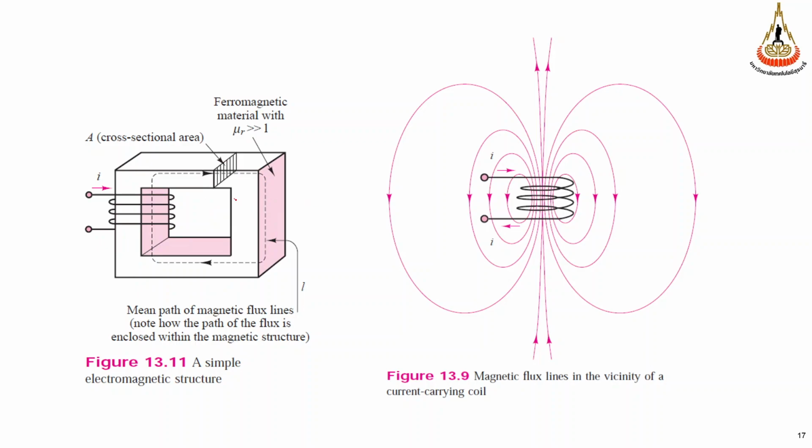And if we couple another coil on this side and supply power here, we can get power on the other side. In this case, this is magnetic coupling. This is a kind of transformer.